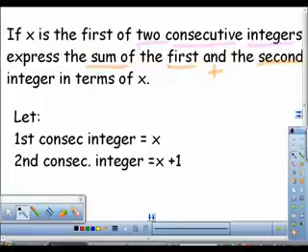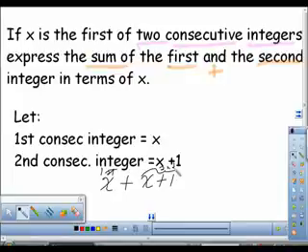What was our first integer? X. And we're to add to that the second integer, which is? Say it loud. It's not just 1. X plus 1. So we're going to have x, and we're going to add to it the second integer, which is x plus 1. This was your first. This right here was your second integer.